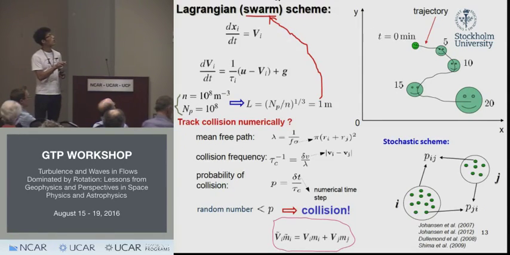For this Lagrangian scheme, we solve the trajectories of each individual particle, and then we track the collisions along these trajectories, and see the size of the cloud droplets at different times.